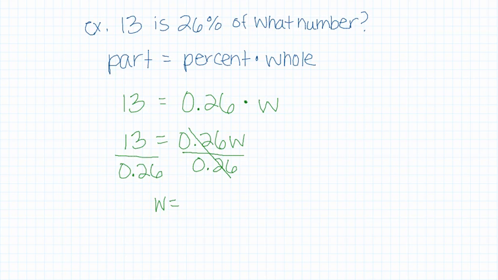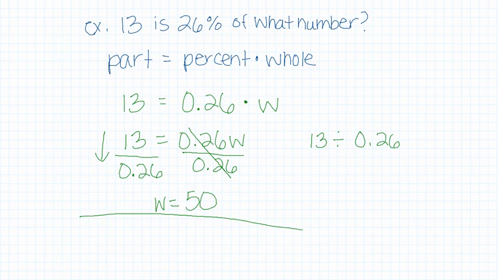So we divide by 0.26, and whatever we do to one side, we must do to the other. These two cancel, and we're just left with W. So W equals 13 divided by 0.26. Remember, the calculator, you read downwards. So when typing it into the calculator, you will go 13 divided by 0.26, not the other way around. If you do that, you will get that W equals 50.